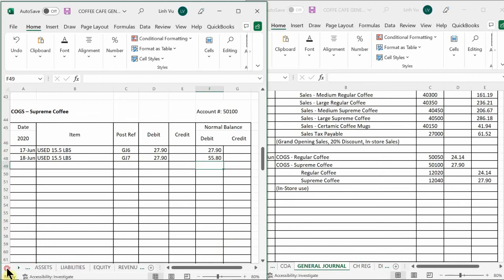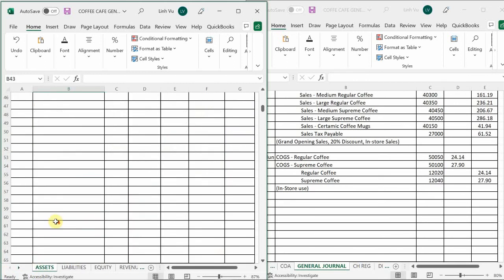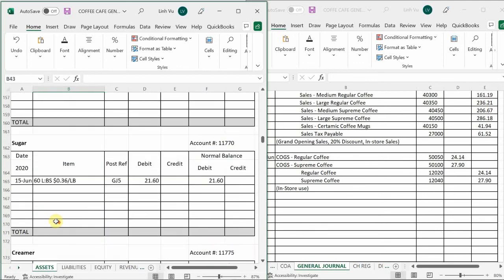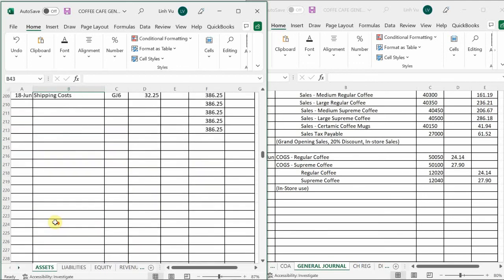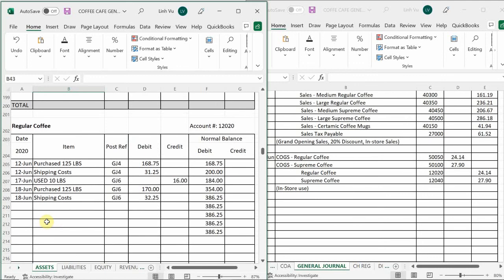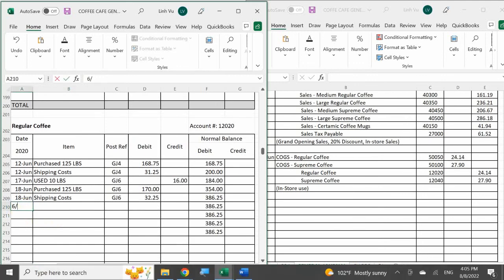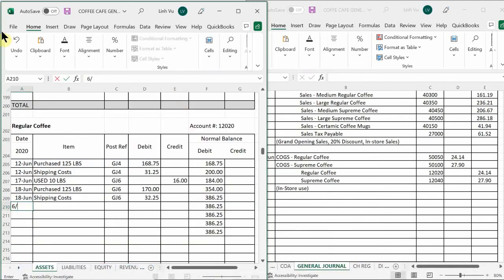In our inventory, here we go, regular coffee. Okay, used 15 pounds, page 7, for 24.14.